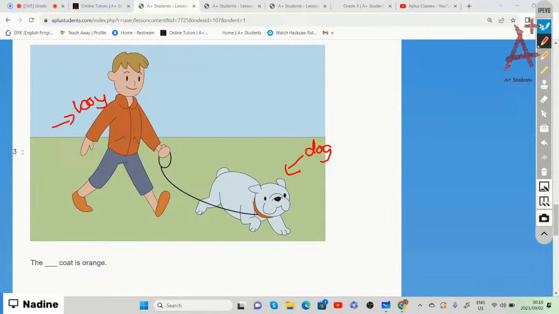All right, so now if we were to select whose coat is orange, we will then say the boy's, which is boy apostrophe s. So the boy's coat is orange.